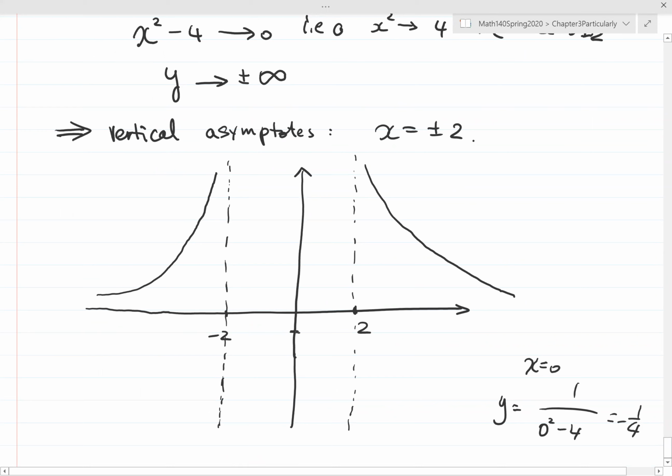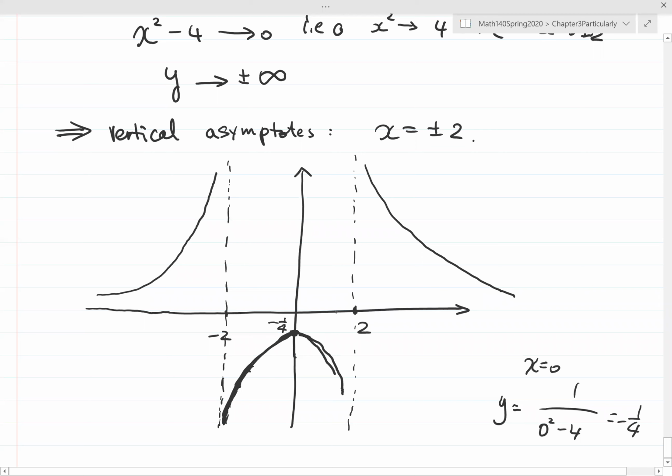Suppose it's somewhere here, negative a quarter. It's increasing and concave down, with the vertical asymptote at negative 2. We are done with this piece, and the other piece we plot by symmetry.